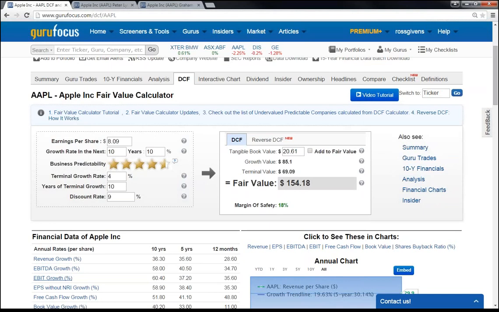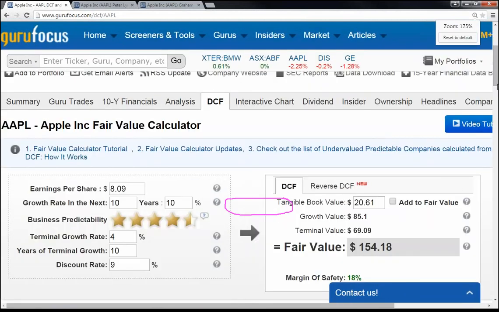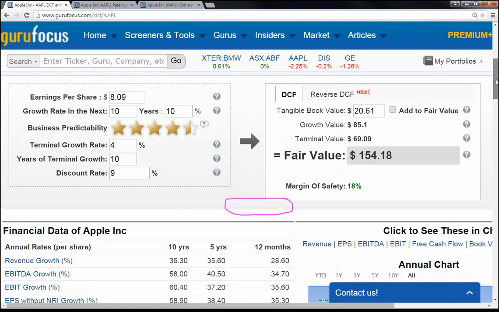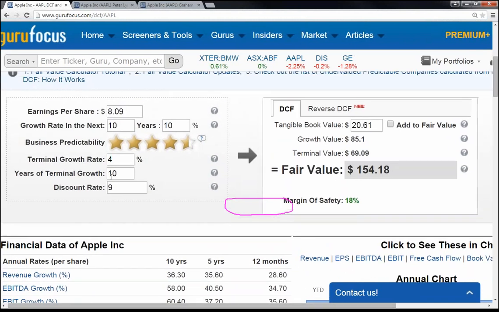Now, in addition, it does have a margin of safety. Someone asked how that is calculated. Extremely, extremely simply. The margin of safety right here, I hope you can see this. Let me zoom in a bit. This margin of safety figure is simply today's price versus what you've calculated for a fair value.